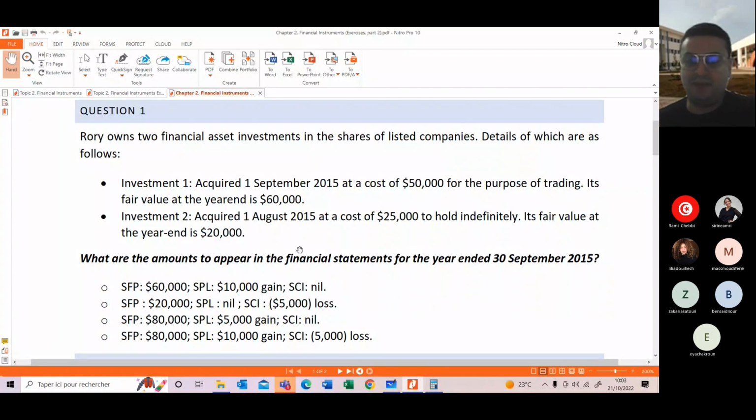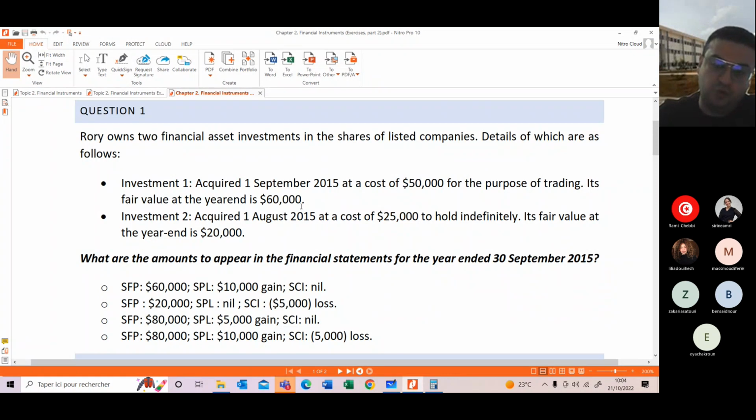All right, what happened by the end of the first year? So the acquisition on the 1st of September, and the year end is the 30th of September. Okay, so the acquisition on September 1st, 2015, so 1 month later, the fair value is 60,000. So if you're using fair value through profit and loss, you're going to increase your assets by 10,000.